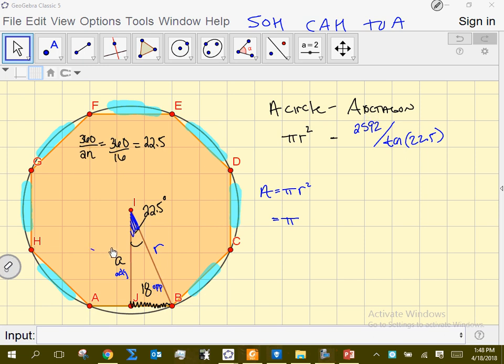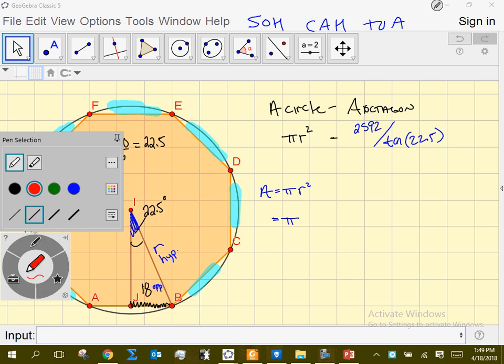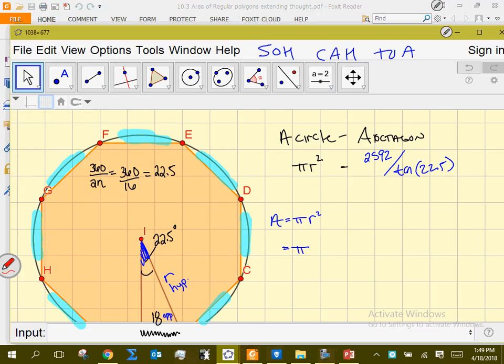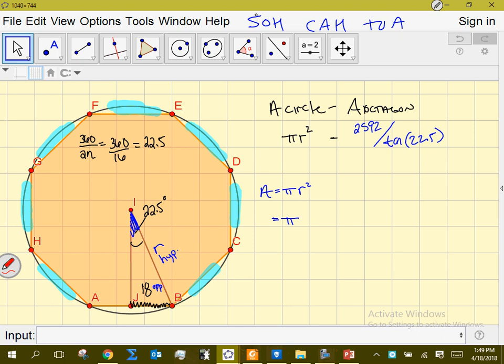Well, if that's r, let's look at this part of the triangle. No, because you're thinking 30, 60, 90s. This is the hypotenuse, right? Is this the opposite side? Pythagorean theorem? No. We use SOHCAHTOA, and we use that one because that's the opposite, and that's the hypotenuse.